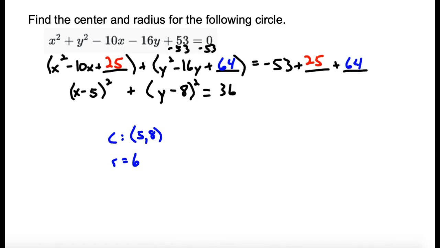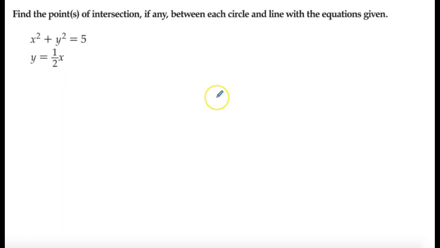Right? So one other idea that I want to take a look at here is something like this. Okay, finding points of intersection between a circle and a line. Right? Now, this method will work to find points of intersection of any equations, okay, parabolas, lines, circles, and once you get into higher math, we'll do things like a sine graph or a hyperbola or an ellipse, all kinds of different things.